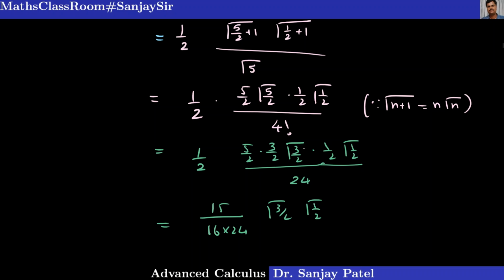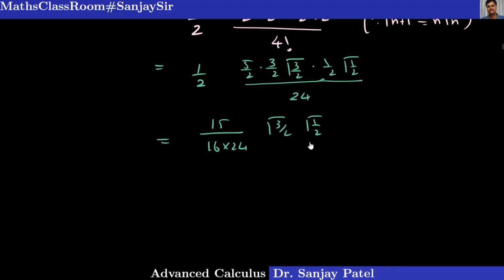But still I can simplify gamma 3 by 2 and write it as 1 by 2 gamma 1 by 2. So 15 by 16 into 24 into 1 by 2 gamma 1 by 2 into gamma 1 by 2.